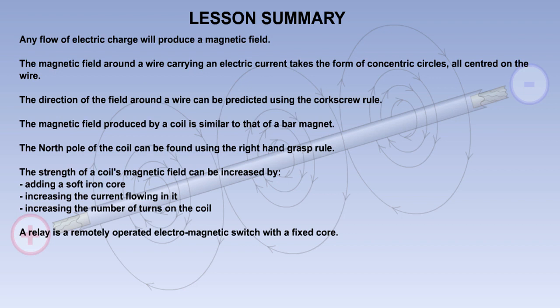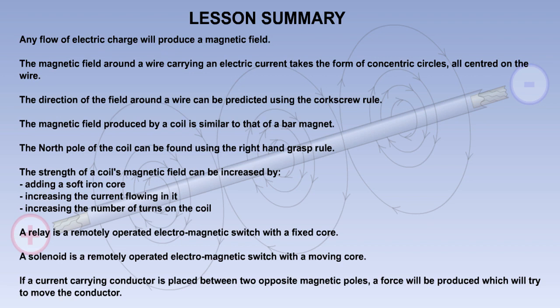A relay is a remotely operated electromagnetic switch with a fixed core, and a solenoid is a remotely operated electromagnetic switch with a moving core. If a current-carrying conductor is placed between two opposite magnetic poles, a force will be produced which will try to move the conductor.